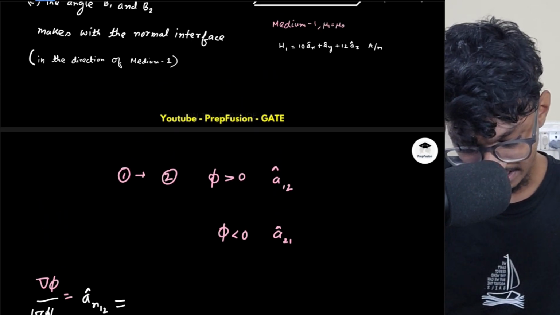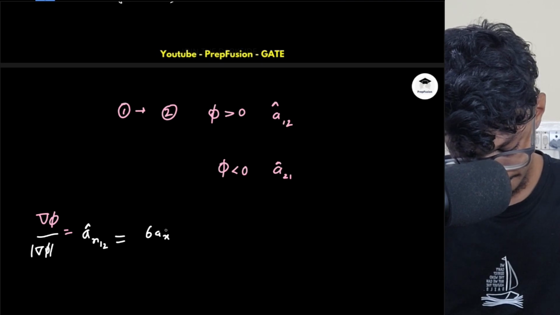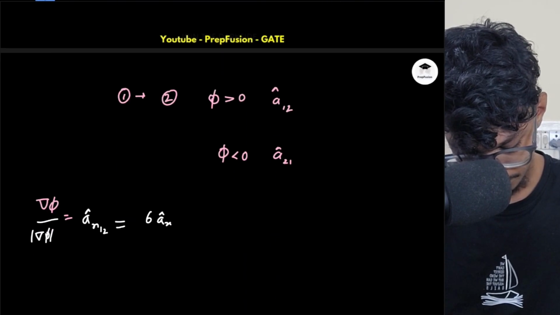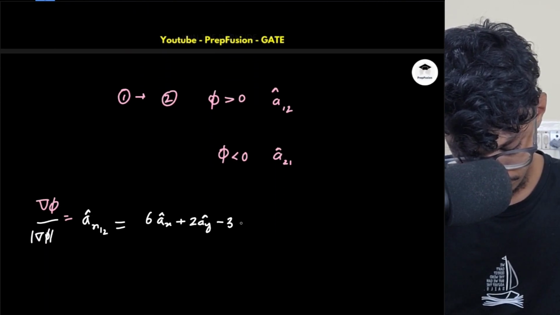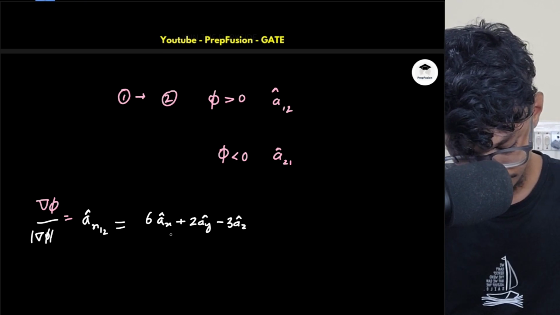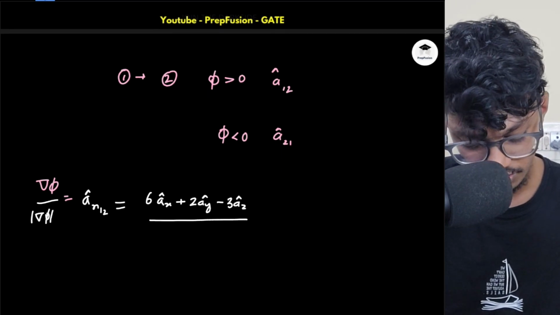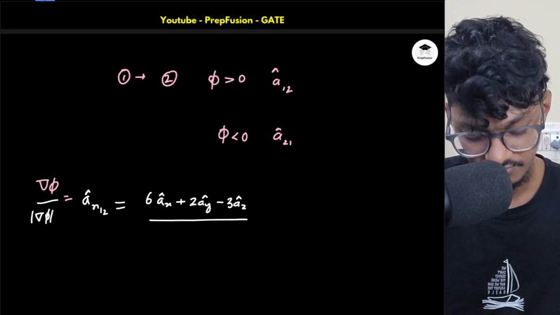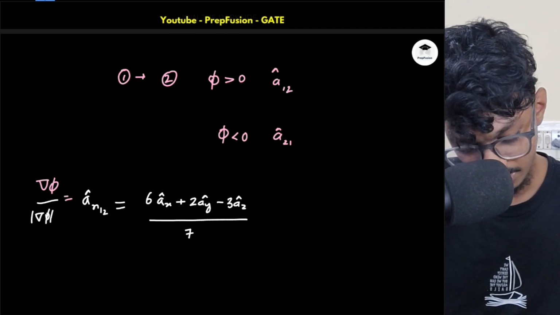So what is grad of phi? It will be simply 6ax plus 2ay minus 3az. This is the grad of phi. And what is the magnitude of this? It is 36 plus 4 plus 9, that is 49, so under root 49, that is 7 simply. So this is a_n12.